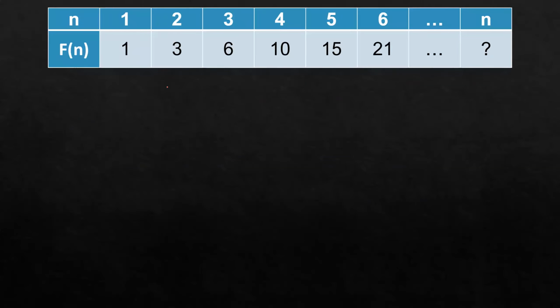Let's see how this works. If this is your function value, the y, then let's calculate the slope. For the first set of numbers, the change in y is 2 and the change in x is 1, so the slope is 2. From 3 to 6, the change in y is 3 and the change in x is 1, so that's 3.